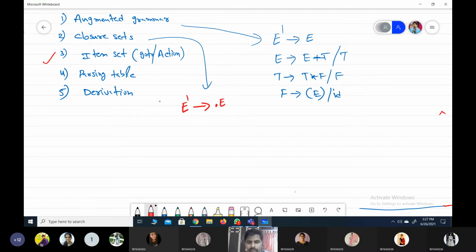Initially we identified the closure set as E dash tends to dot E. Here after the dot we have a non-terminal, so what are its replaceable productions as per the augmented grammar? Now we have to add these productions to this item set: E tends to dot E plus T, and then E tends to dot T. Is it okay? These two productions.